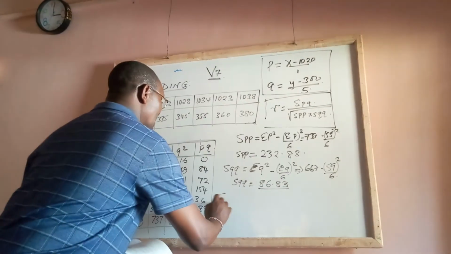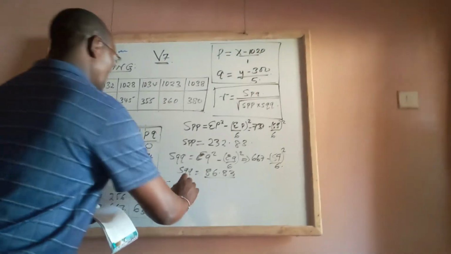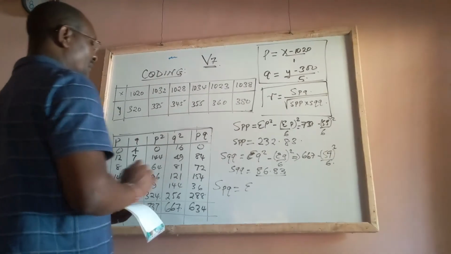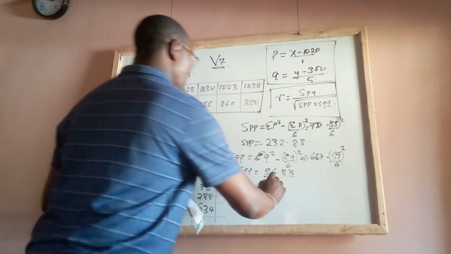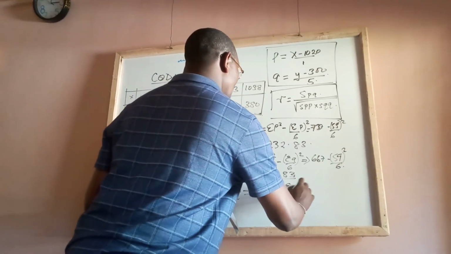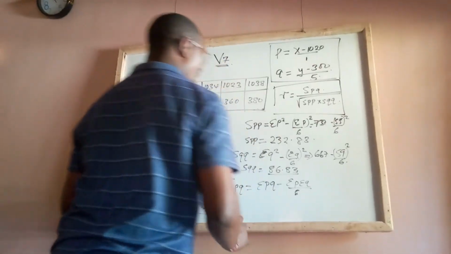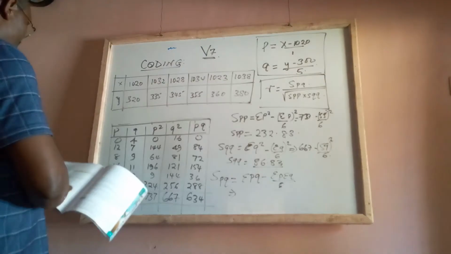Then we need SPQ. SPQ is supposed to be sigma PQ minus sigma P times sigma Q, everything over 6. How does this work? Now, what is sigma PQ?